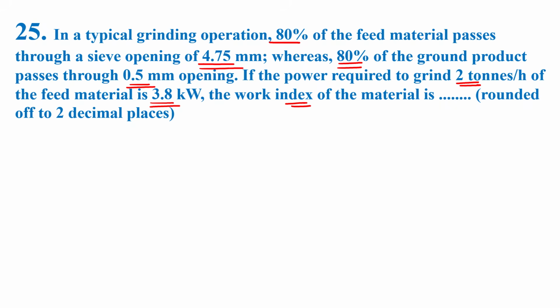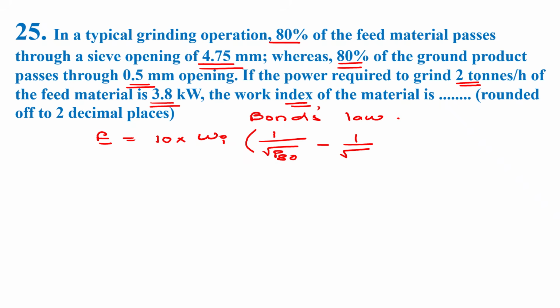We'll simply use Bond's law of grinding. So what is the formula of Bond's law of grinding? E is equal to 10 into work index into 1 by root over product at 80 minus 1 by root over feed at 80.